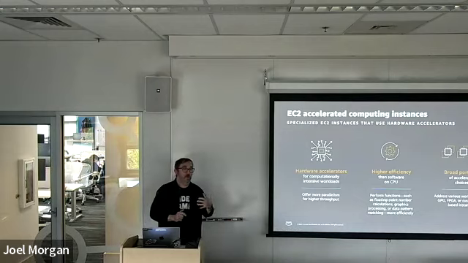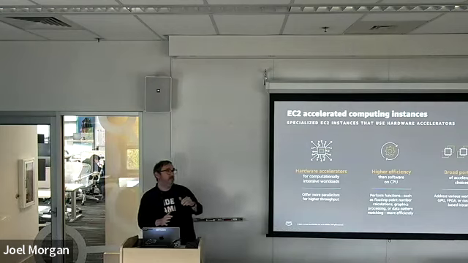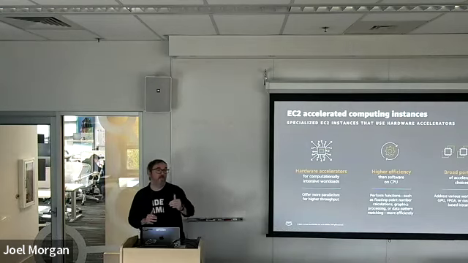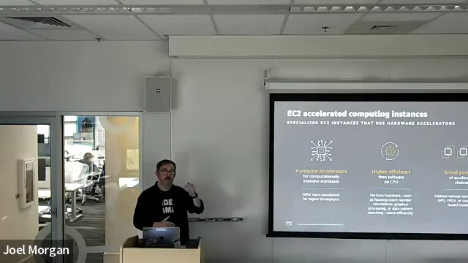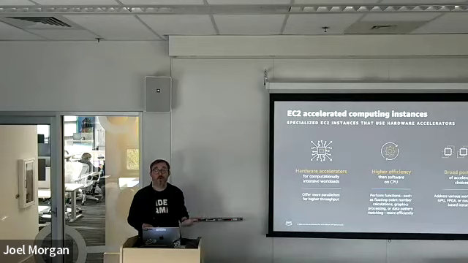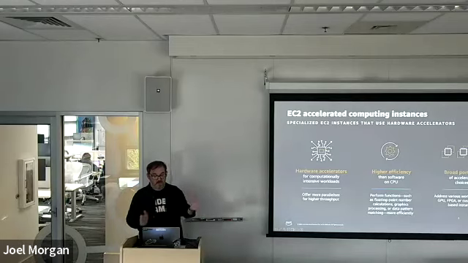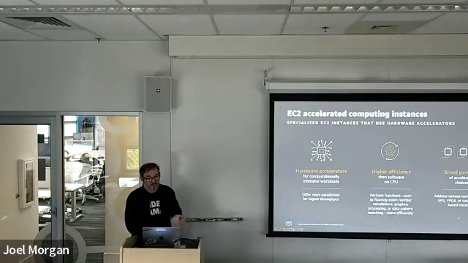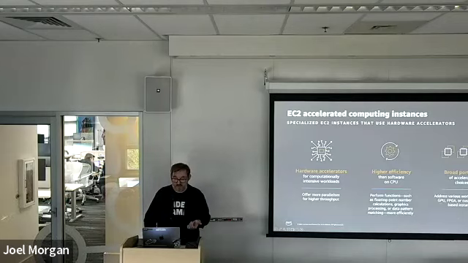Sometimes we have things which I'll get into that may be only slightly faster, but the price performance ratio is much higher. So you can get a lot of work done for less money. And we have many different types of accelerators that I'm going to talk about today. So we have, of course, GPUs, FPGAs, and we have some custom ASICs or application-specific integrated circuits that are all available to you.